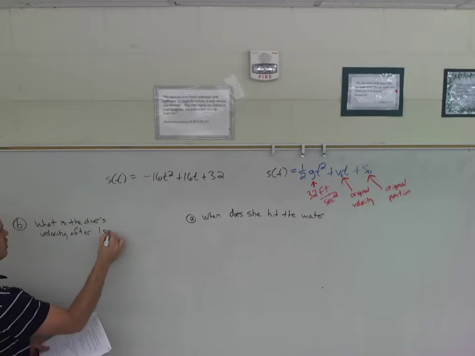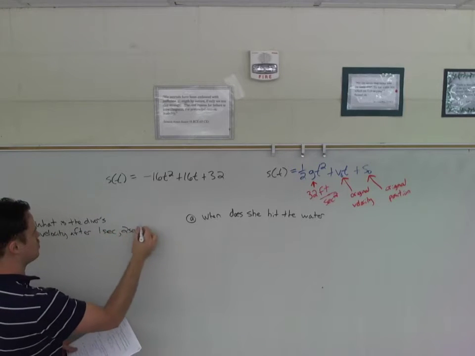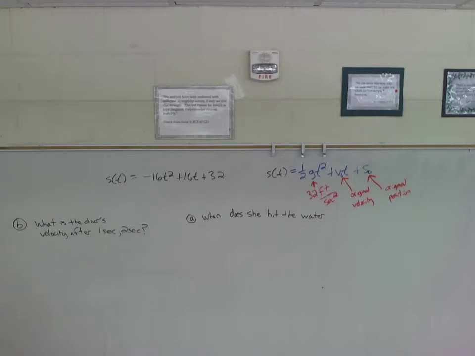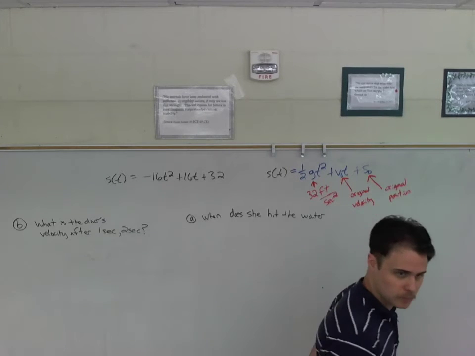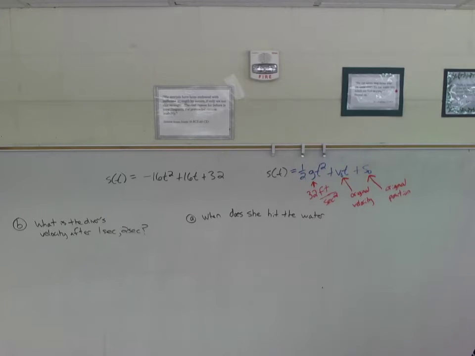So let's say 1 second and 2 seconds into the jump. How fast is she going right then? Not average, right then. You can't do that without calculus, so I couldn't have asked you that in physics. Unless it's a calculus-based physics class.